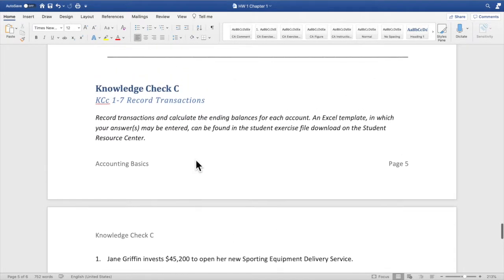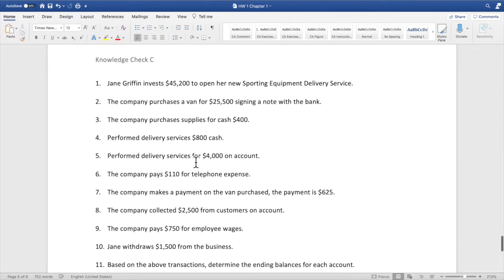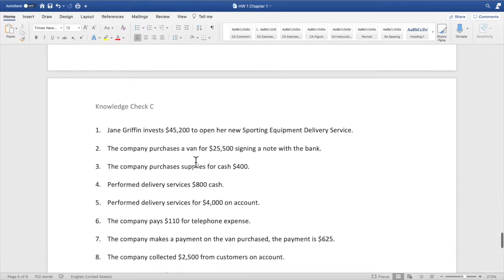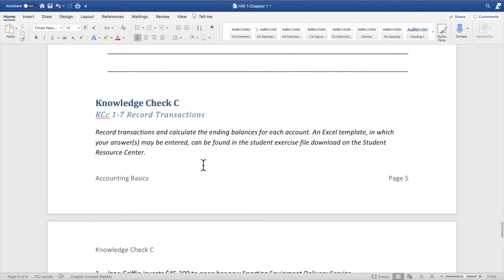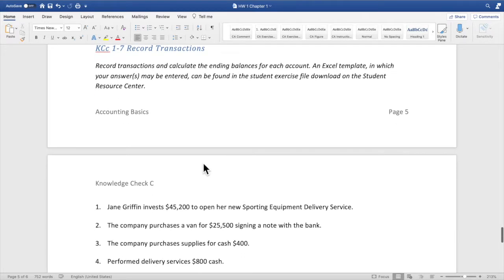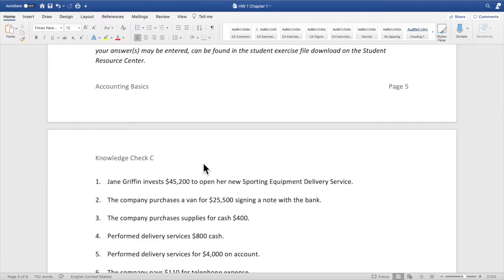Alright, I provided you with an Excel sheet, and I will make another screen recording showing you how to record those transactions, but I want you to be able to put in the functions on Excel.